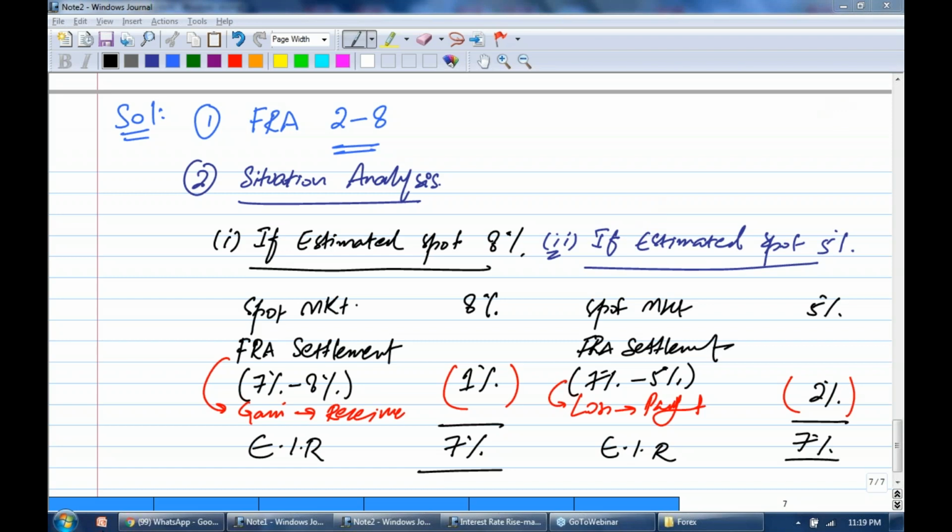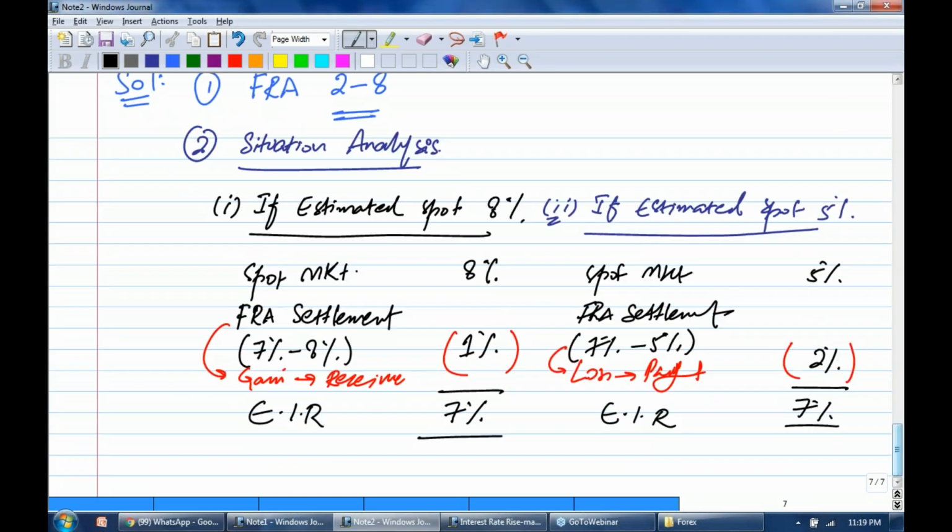Adding on one thing, candidates do remember one thing. In case of FRA, listen here, FRA exam solution, no need to work out a detailed working for this.